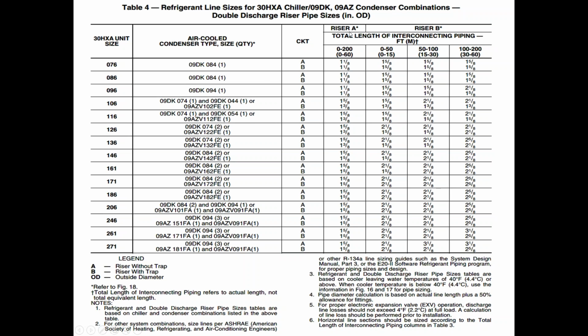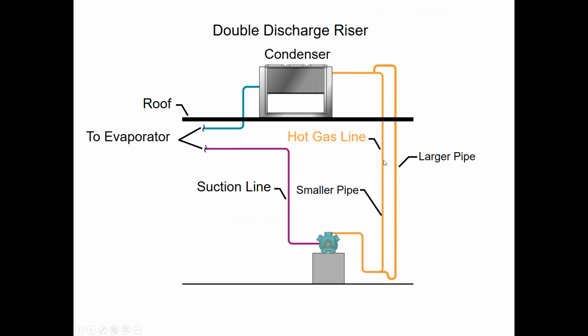This is always your A pipe. So this is your A pipe dimension. And from here over, depending on length, is your B pipe dimension. Your A pipe dimension is going to carry you from 0 to 200 feet, but your B pipe we need to look at: are you 0 to 50, 50 to 100, 100 to 200. And again, A pipe, B pipe.